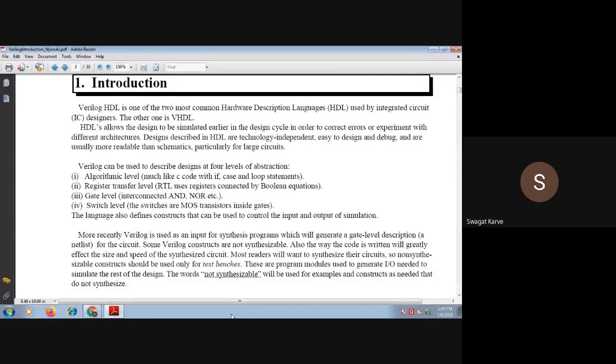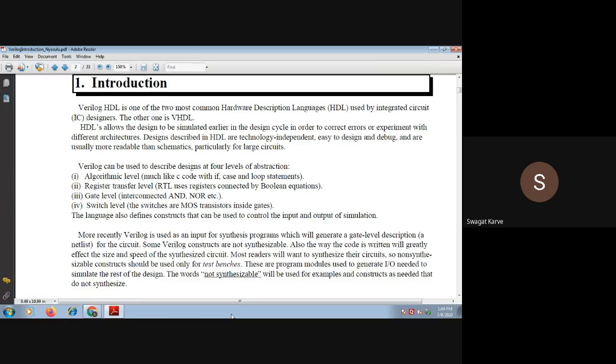Third is the gate level. When we double click on that RTL box, we get the inside structure that has many gates, interconnections and flip flops. That internal model is the gate level.